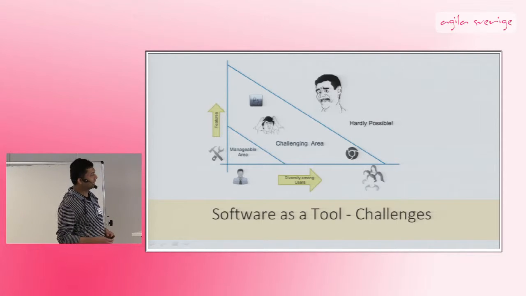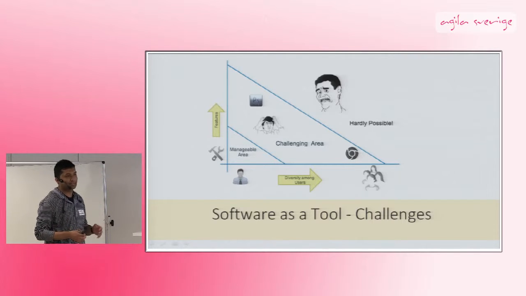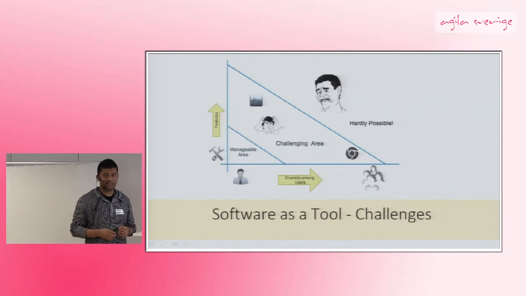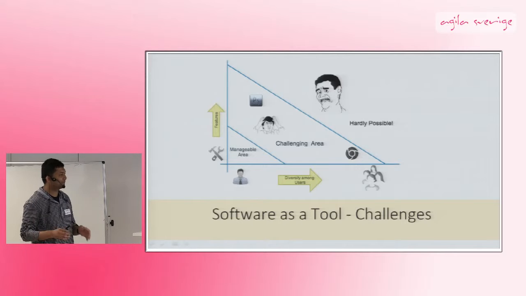So we're not going to the extreme right, where you try to satisfy everyone and have all the features, and probably it's better not to go into that area. But when you are in the middle area, when you have a significant number of features and also quite a lot of diverse users, that's the problem area.